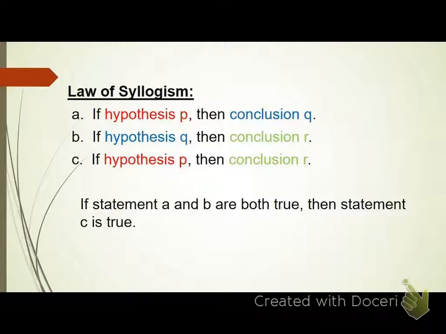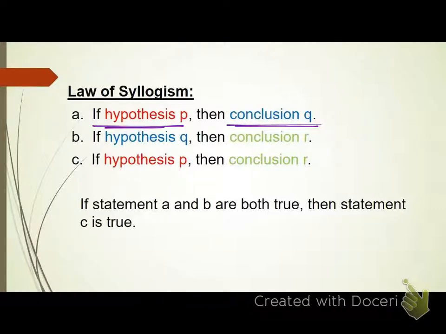The law of syllogism is a different way of thinking, a different way of attaching some different ideas. It's kind of what we used in that height example a second ago with Walt and Natalie and everybody. It basically says this: if you have an if-then statement that is true, so if a particular hypothesis happens, then a conclusion is going to happen, right?